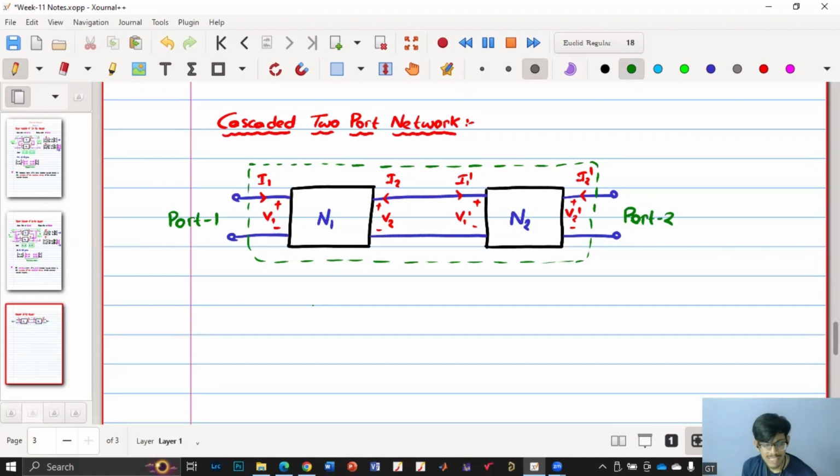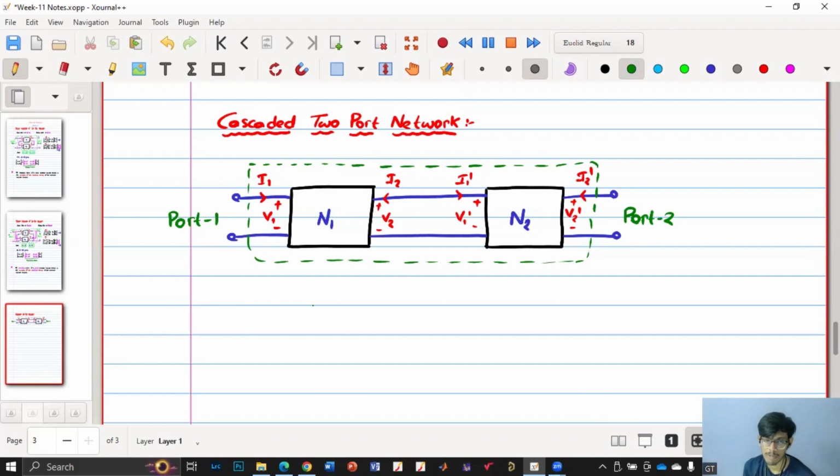So in the series connected, currents are same. In parallel connected, voltages are same. But here what is same? One thing is the output port of two-port network 1 is same as the input port of network 2. So we need to use those parameters which give us the relation between input and output parameters. Which parameters do that job?